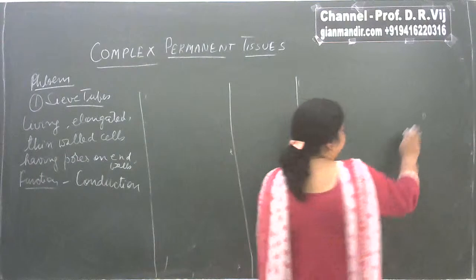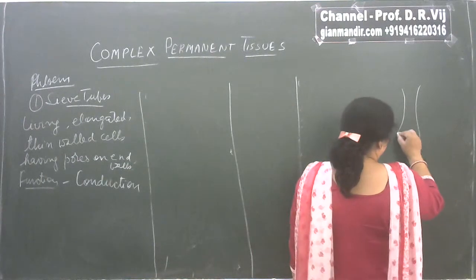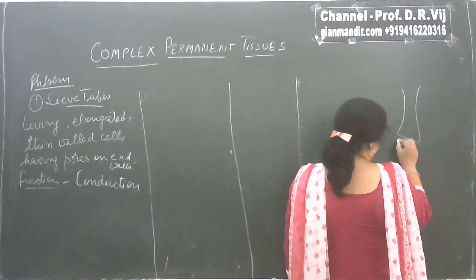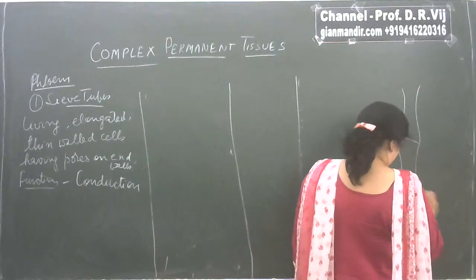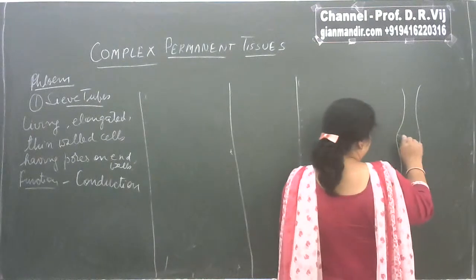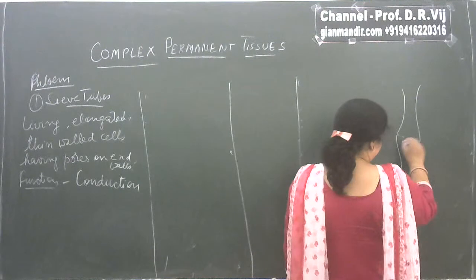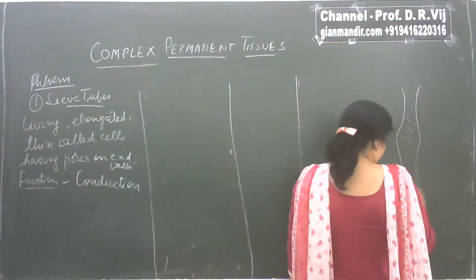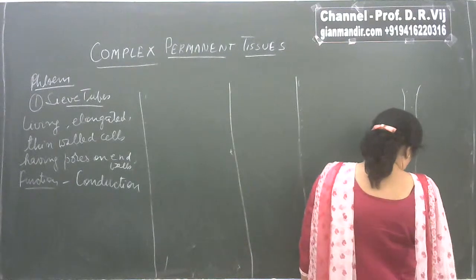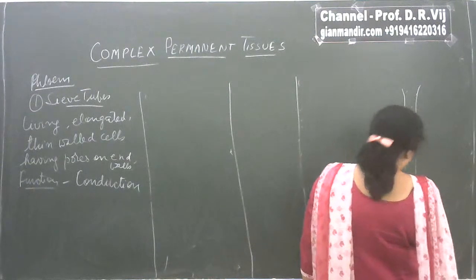So if you look at the structure of sieve tubes, these are long thin-walled cells having pores in their end walls, and due to presence of pores, these tubes are known as what? Sieve tubes.